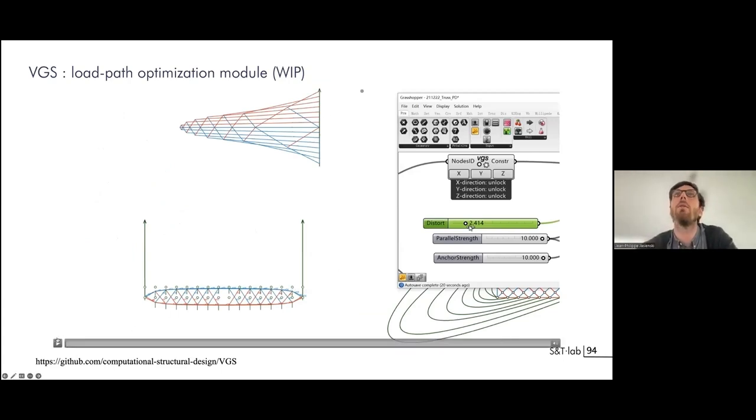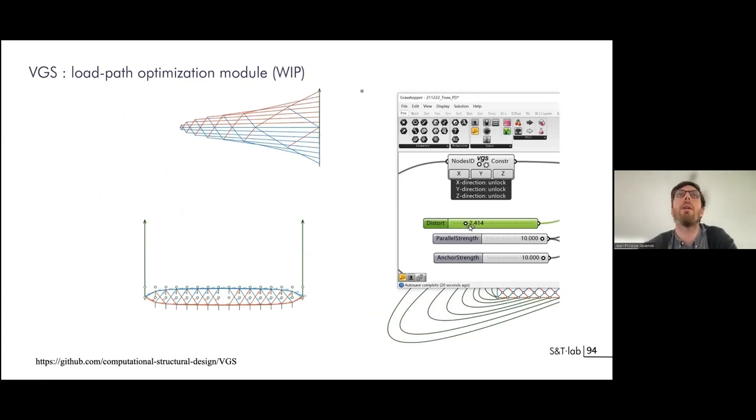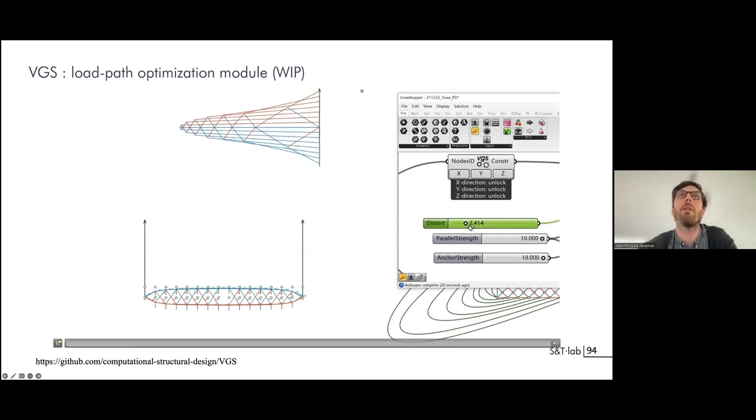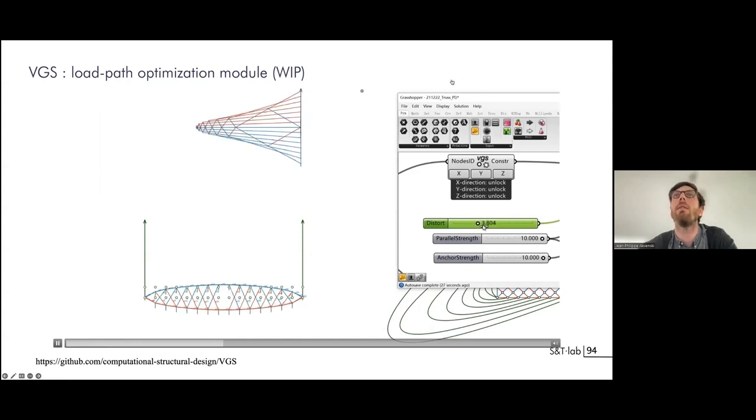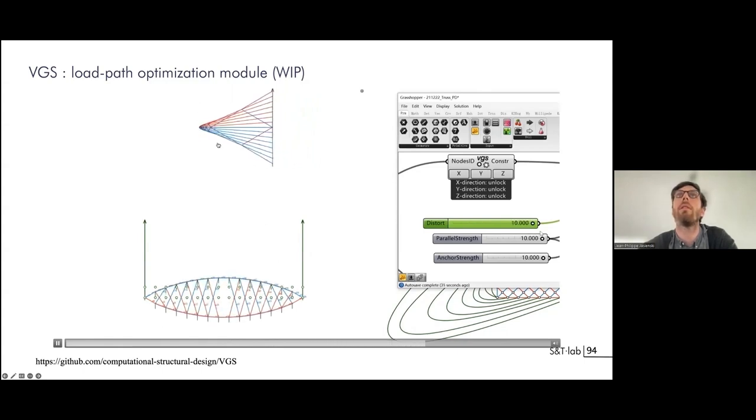Okay, so basically we developed a module that is not in the beta yet, but that is doing load path optimization. And so basically it's optimizing the load path, modifying the geometry little by little here, acting on the forces to get a way more optimal solution.